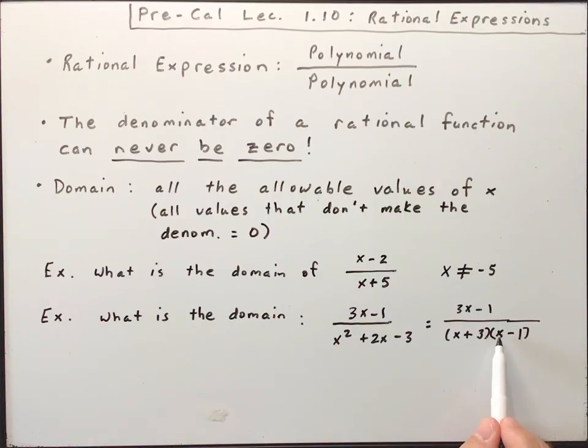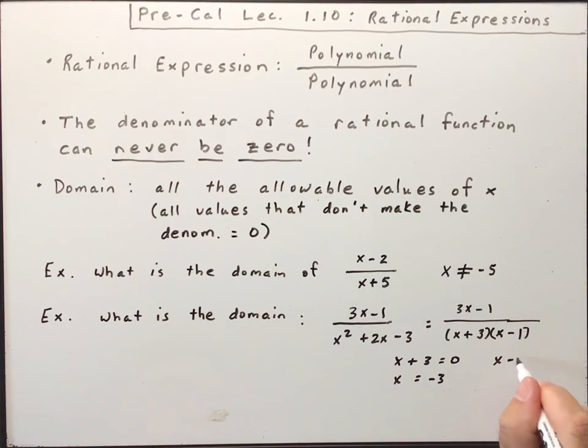Also, if x is 1, then that parenthesis would be 0, which would make the entire denominator 0 because 0 times anything is 0. But if it gets fancy, so that one's a pretty easy one to eyeball, but you could set each of these parentheses equal to 0 and solve. So x would be negative 3, and x minus 1, the second parenthesis is equal to 0, so x is equal to 1.